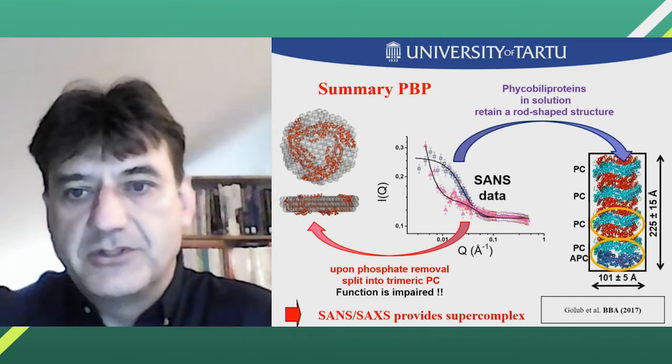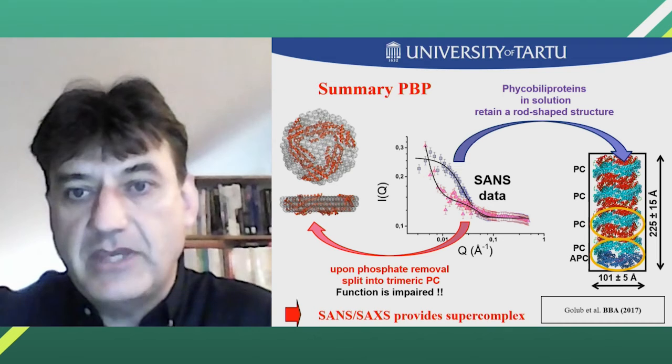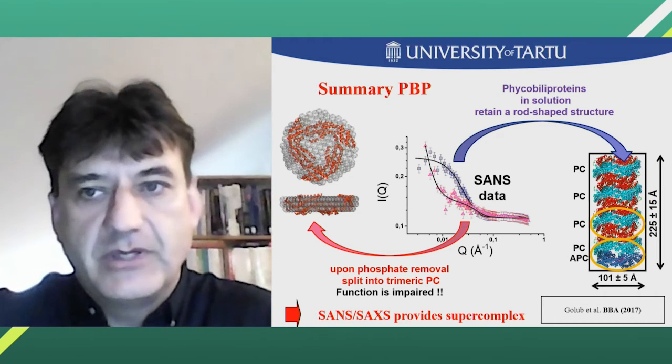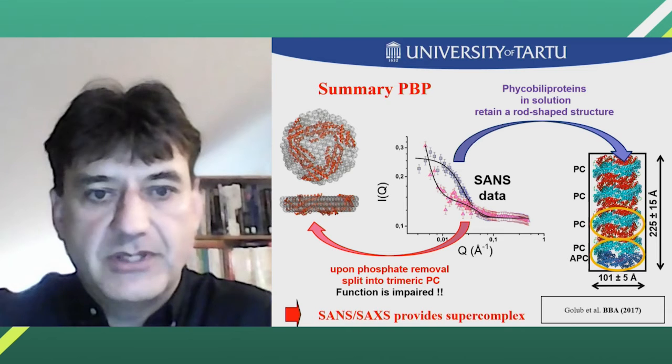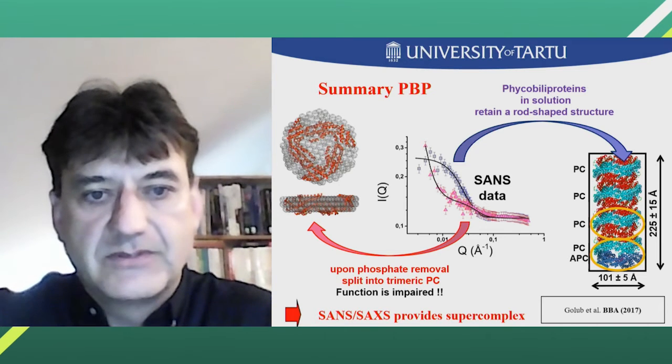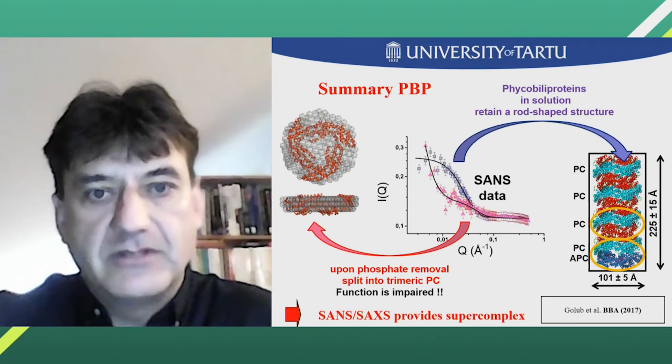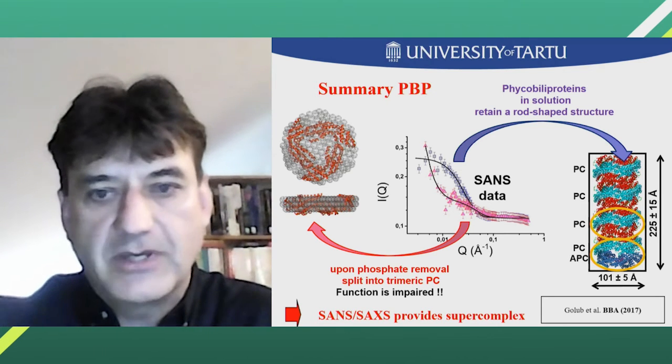For the phosphate containing sample, we get a cylinder shape that contains 8 subunits, while for the phosphate-less sample, we get non-functioning materials which are split into trimeric phycocyanin subunits and which show unspecific aggregation.